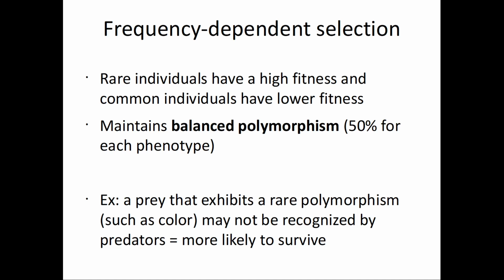All right, frequency-dependent selection. So rare individuals have a high fitness, and common individuals have lower fitness. Maintain a balanced polymorphism. So an example of prey that exhibits a rare polymorphism, such as color, may not be recognized by predators, and it makes them more likely to survive.